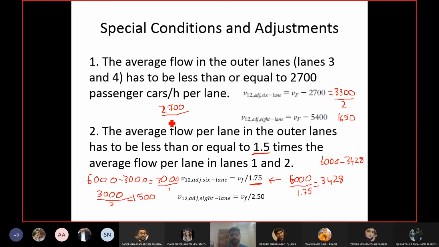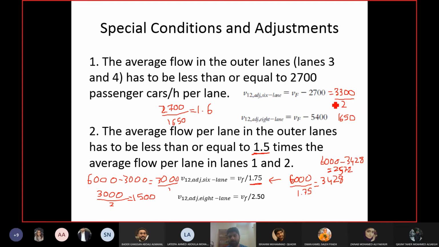The remaining is 2,572. Okay, no problem, 2,572.